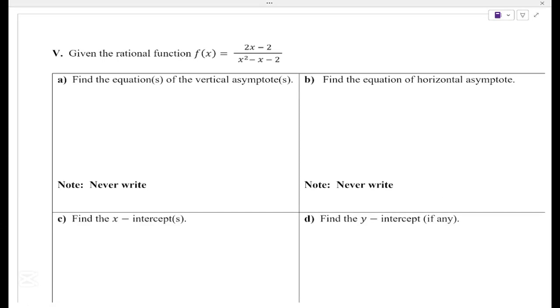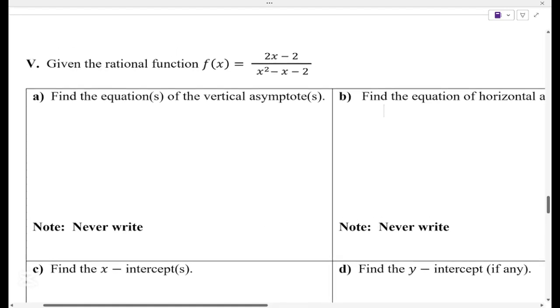The next question is about a rational function. In this rational function, we will find the equation of the vertical asymptotes. But before that, let's take a look if there's a common factor in the numerator and denominator. So it's better if we factor the numerator and denominator. The common factor in the numerator is 2, so let's factor out 2. And then the other factor is x minus 1.